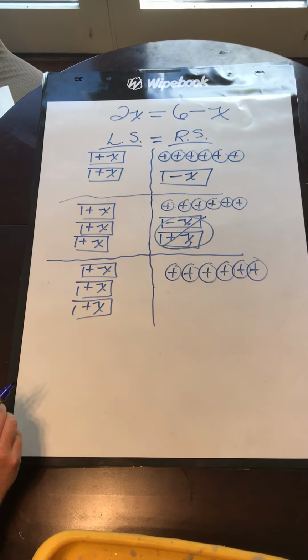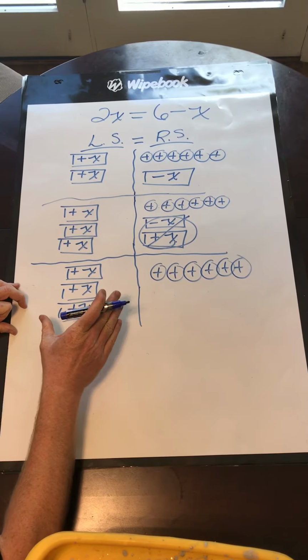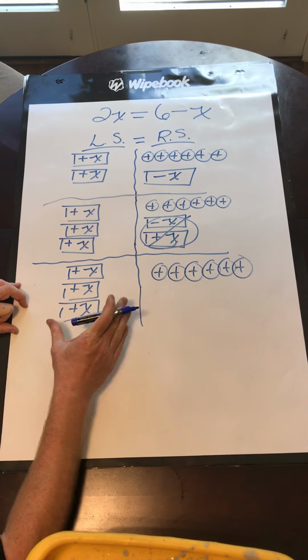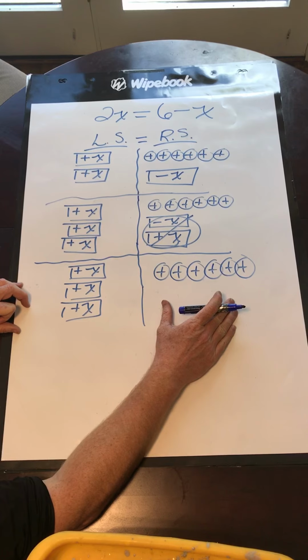Okay, so I've got all the x tiles isolated on the left side. I've got only unit or number tiles on the other side, so I'm good to go.